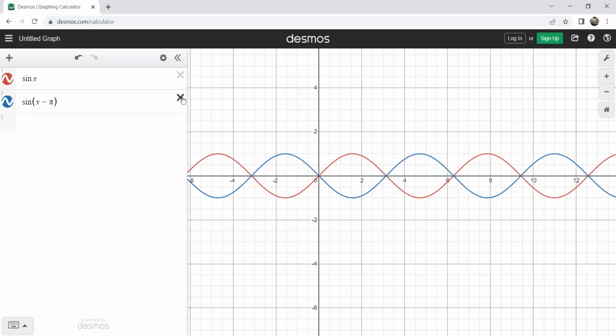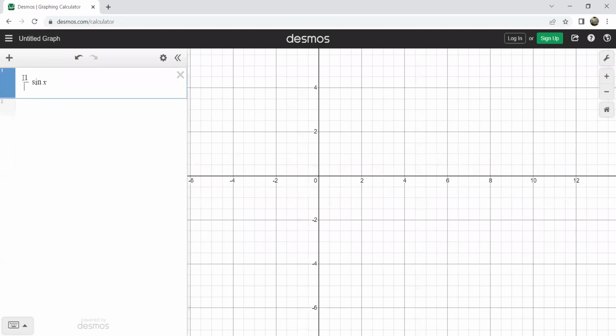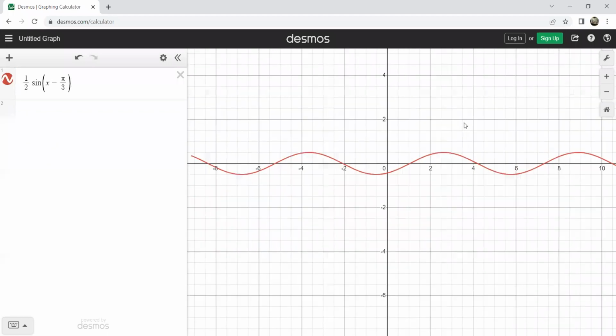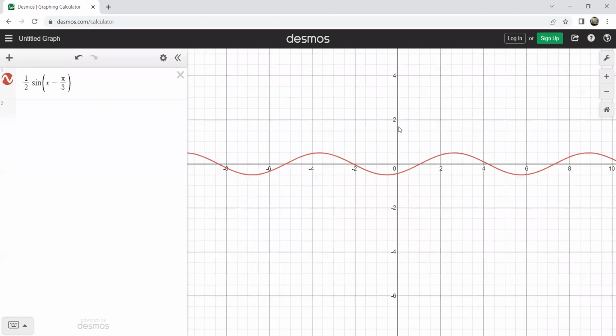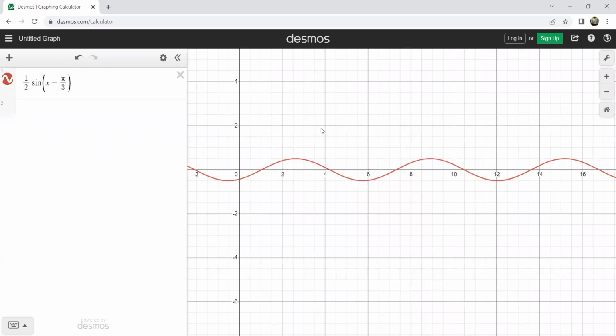So our function says we have a half times sine of x minus pi over 3. Well, this is the behavior of your graph. This is the graph of the function. Okay, so what are the zeros?